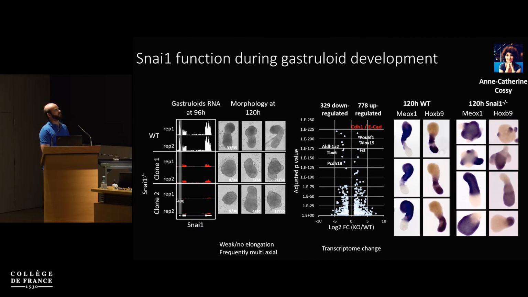For HOXB9, you see the same thing, sometimes in the protrusion, sometimes in the central body. So what this suggests is that intrinsically, each of these cells knows what it's supposed to be. They're just not able to convert this information that they have intrinsically into the global organization of the gastruloids.